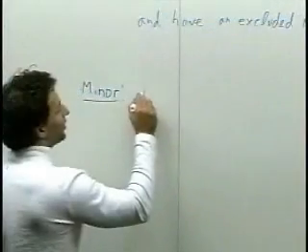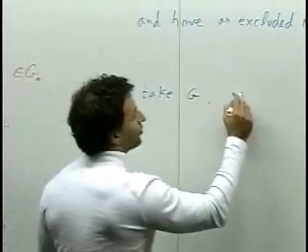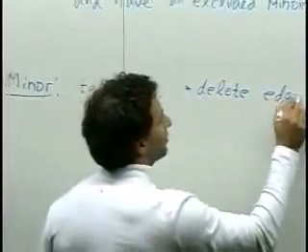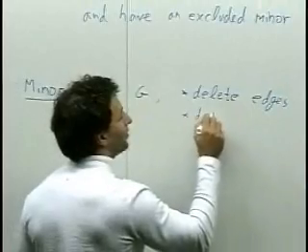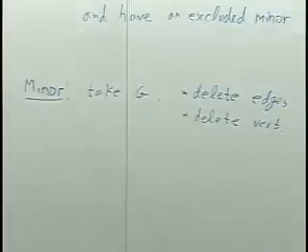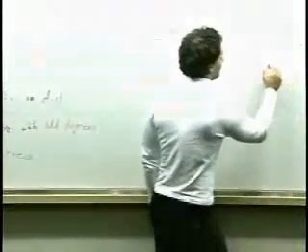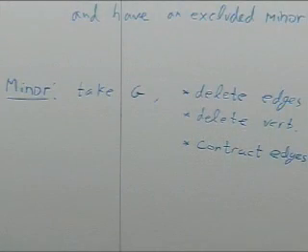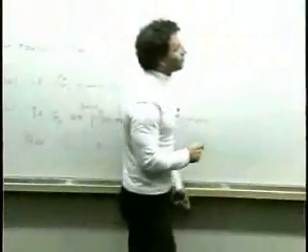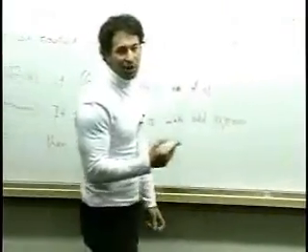You start with some graph G, and you're allowed to delete edges, and you're allowed to delete vertices. This gives you a subgraph if you only carry out these two operations. And finally, you are also allowed to contract edges. Anything that you can create from G by using these operations is a minor of G.